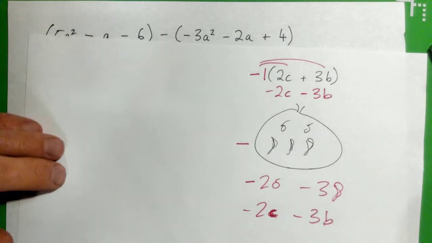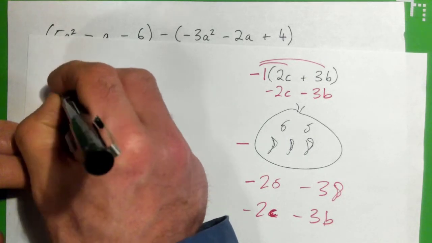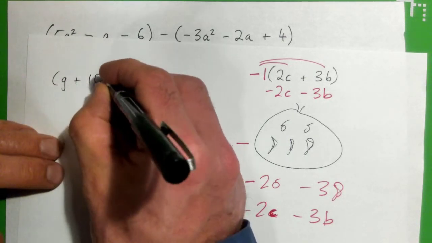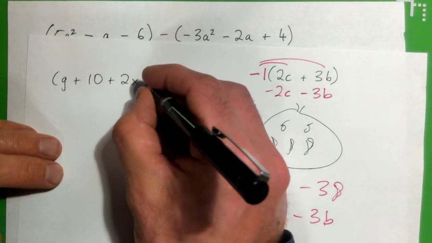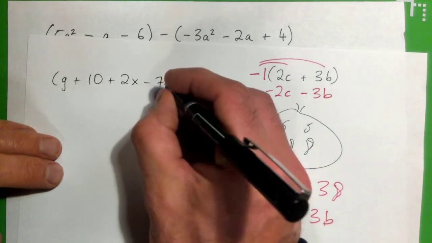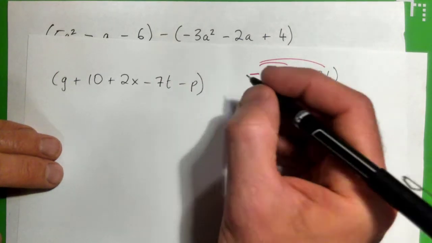But it doesn't have to be just 2 things in a bag. You can have like a grapefruit and $10 and 2x, and you could have negative 7t, and you could have minus p, all inside parentheses.